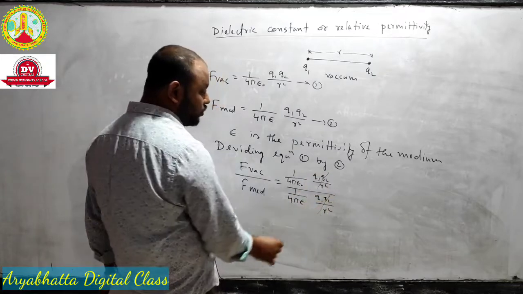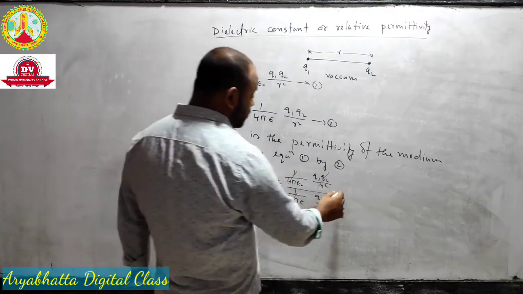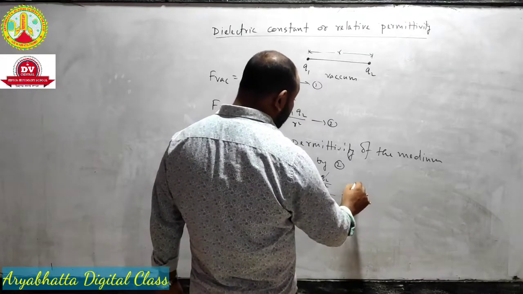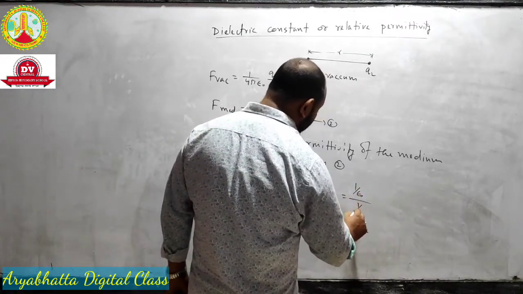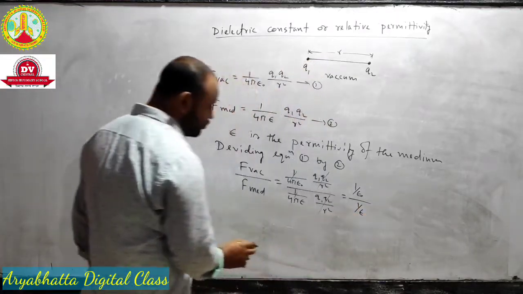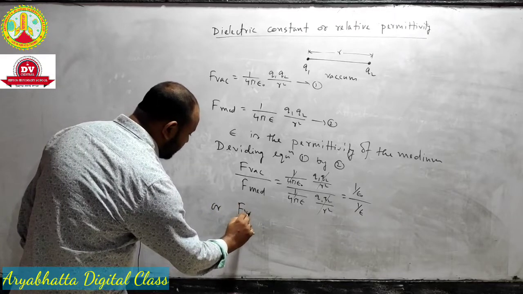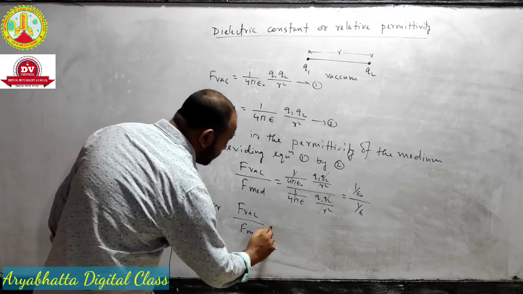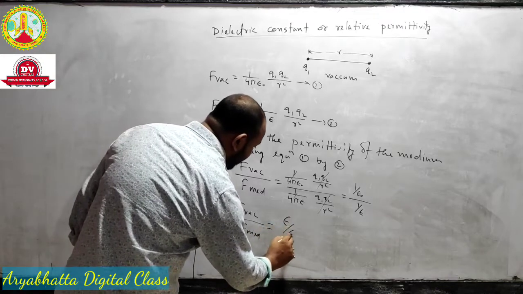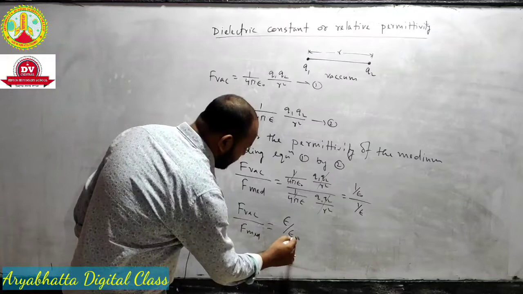Q1 Q2 by r square will cancel, 1 by 4 pi will also cancel. So in the numerator it will be 1 by epsilon naught, and in the denominator 1 by epsilon. Finally F vacuum divided by F medium is equal to epsilon by epsilon naught.